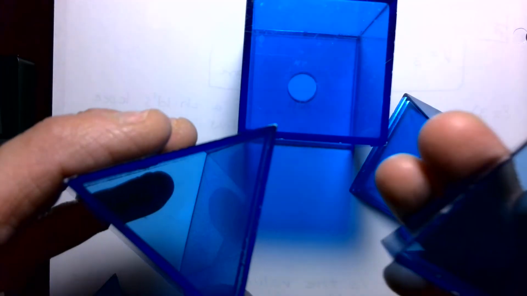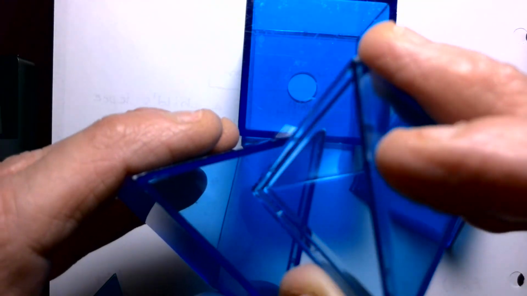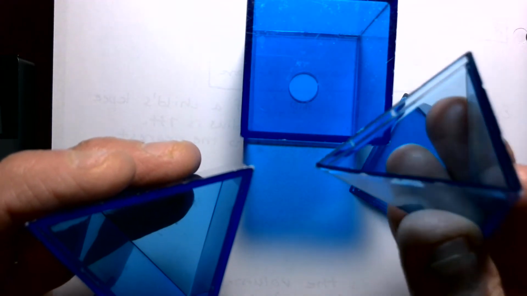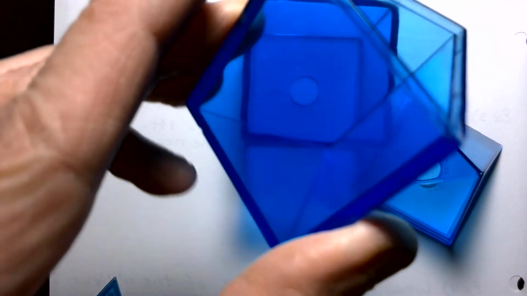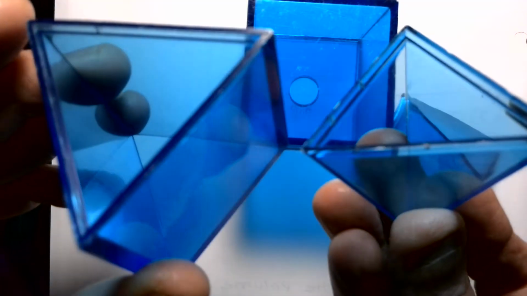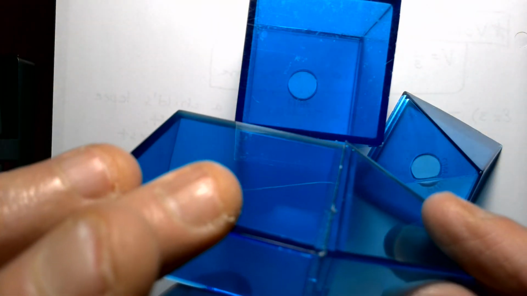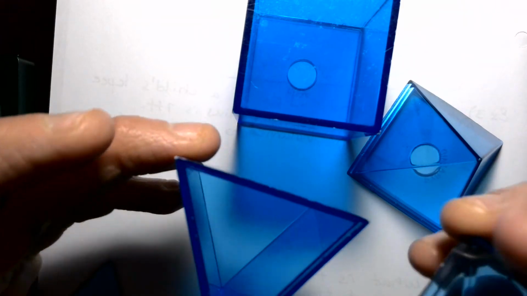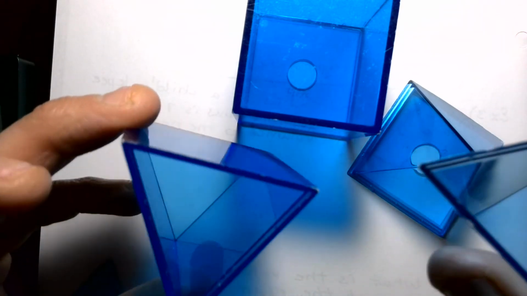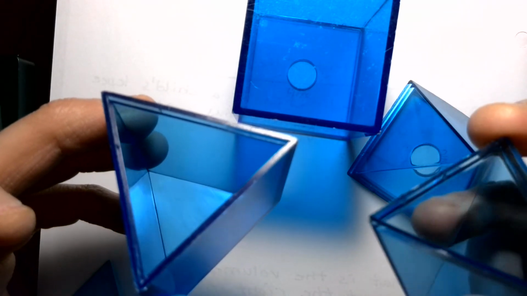And if I were to take off these ends, and take this and pour water into the prism, how many of these pyramids do you think it takes to fill the same prism that has the same base and the same height? What would you say? 2? 3?